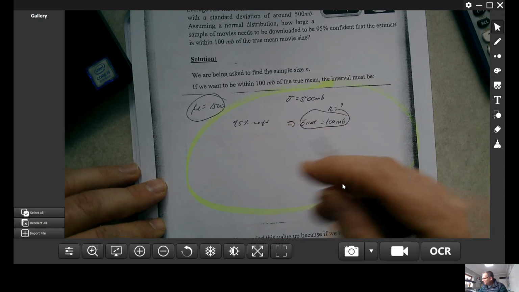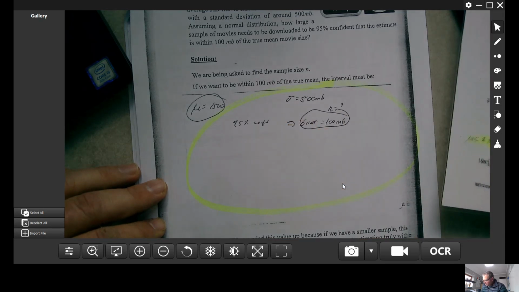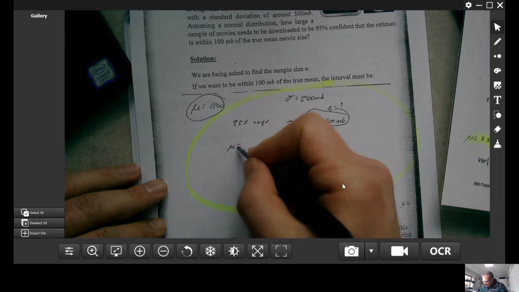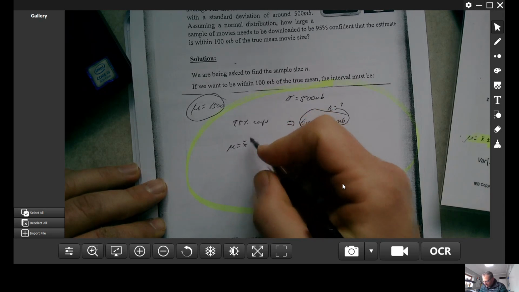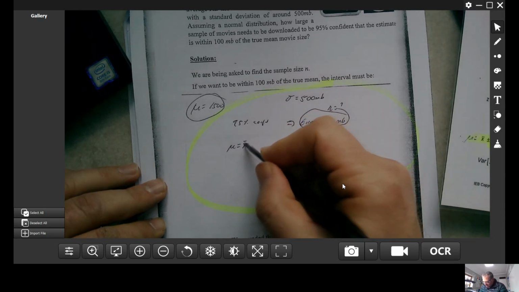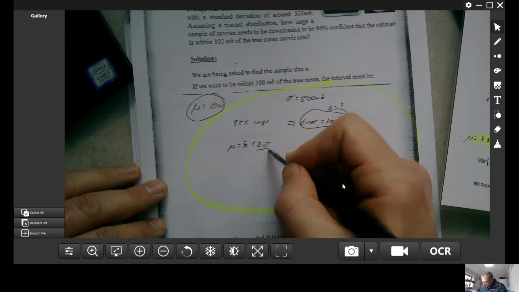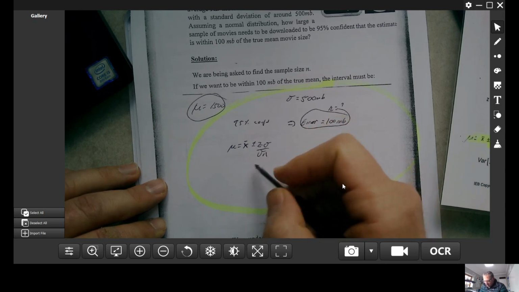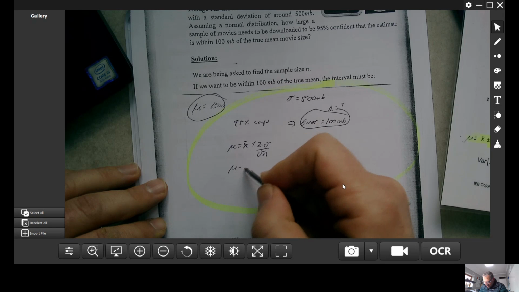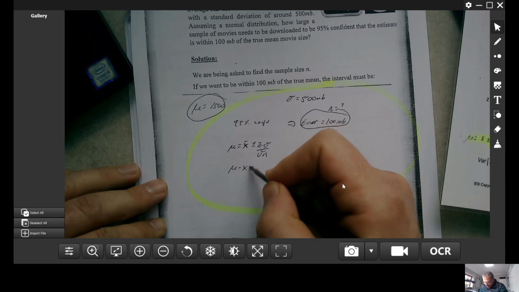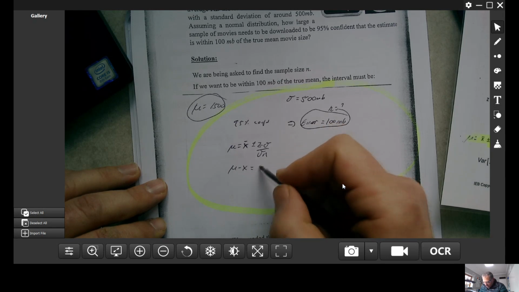Remember your formula. If you go to your formula sheet, you've got mu, the population mean parameters, as such. If I went mu minus x, which would be equal to plus minus z sigma over root n, that is your error.